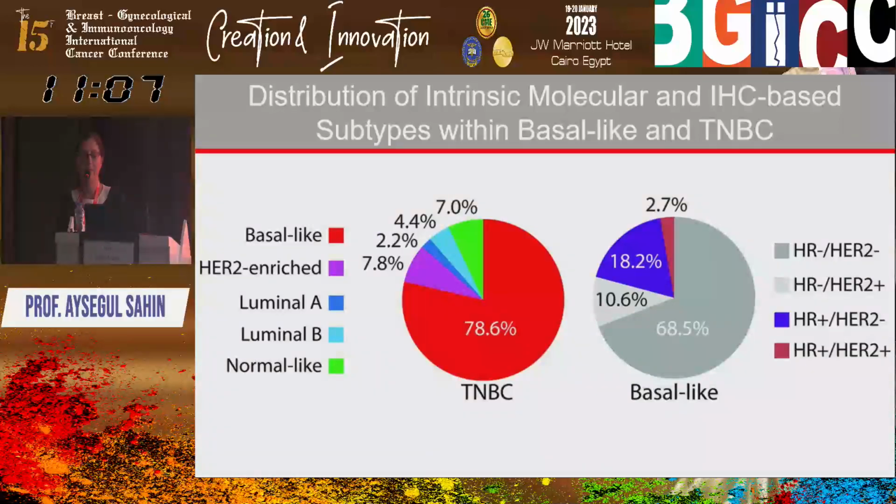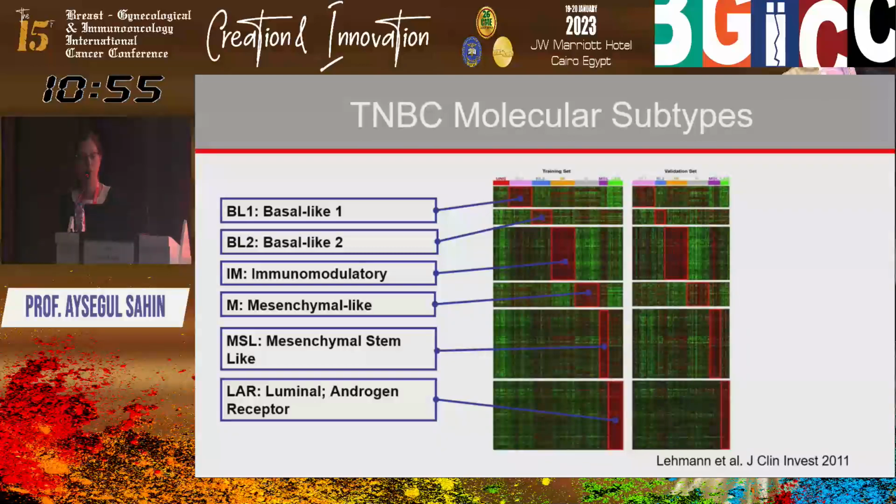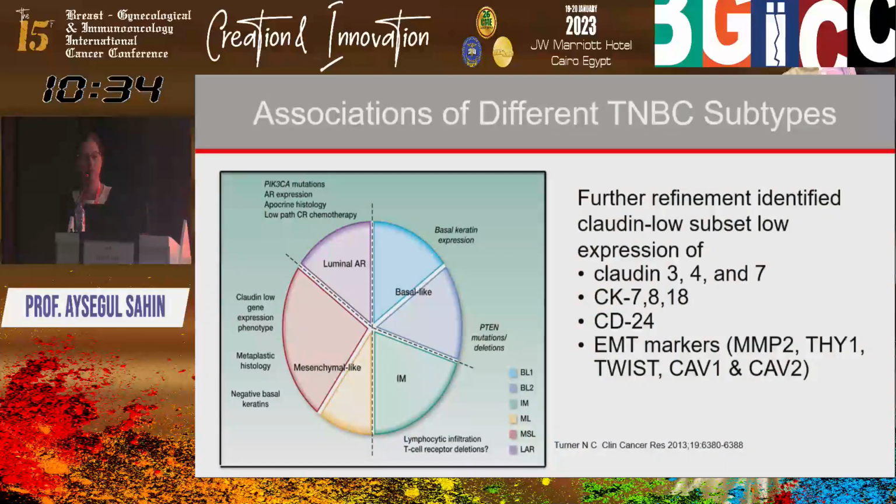Similarly, when you look at the basal-like carcinomas, although the great majority of them are triple negative, there are some hormone receptor positive or HER2 positive tumors. And subsequent studies have subclassified the triple-negative or basal-like carcinomas into different categories as basal-like 1, 2, immunomodulatory, mesenchymal-like, mesenchymal stem-like, and luminal androgen receptor.